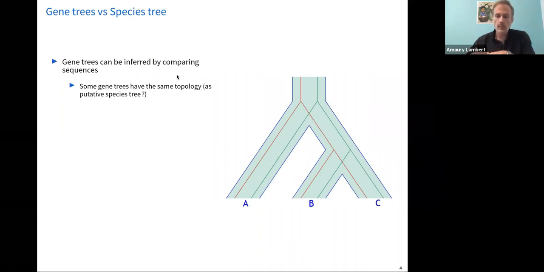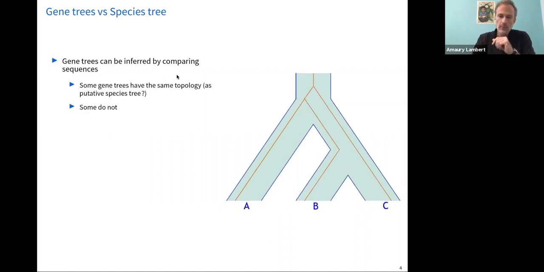You may conclude that this topology is the topology of the species tree. Okay, but the problem is that there's a second possibility, is that the gene trees do not all have the same tree shape, and I'm not even speaking of the node depths. As you can see here, with this example of a deep coalescence.